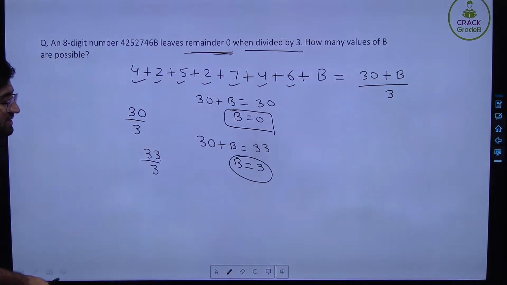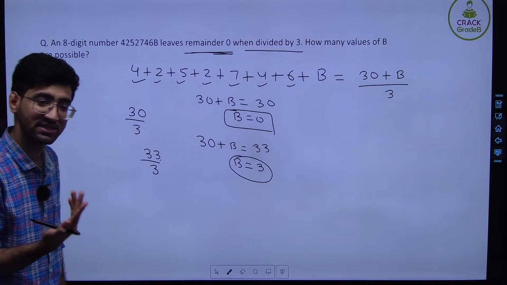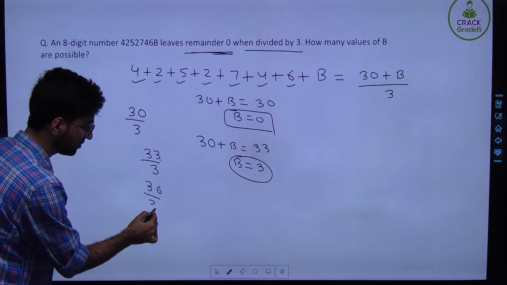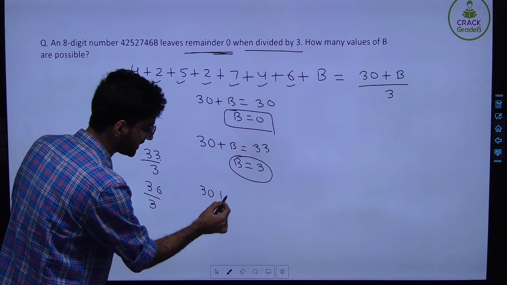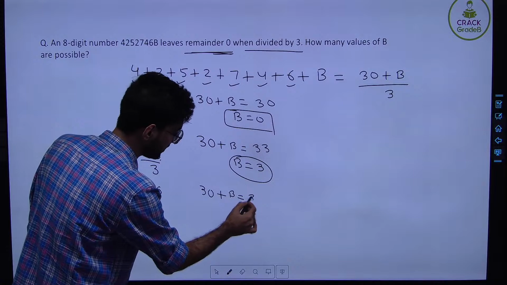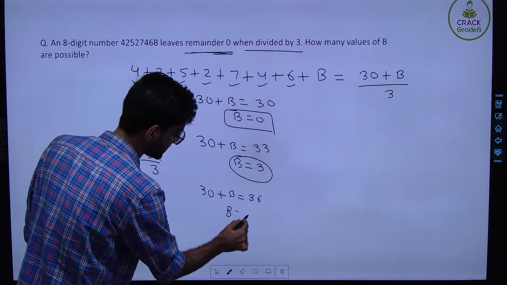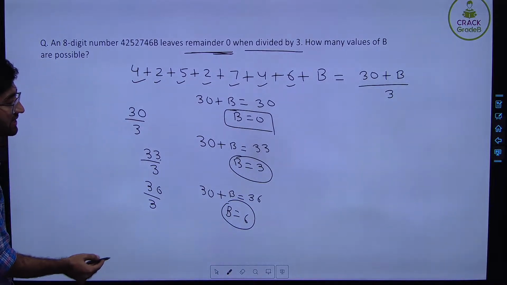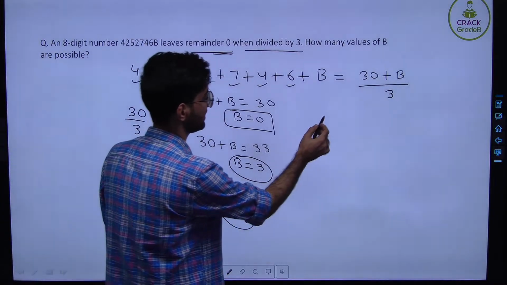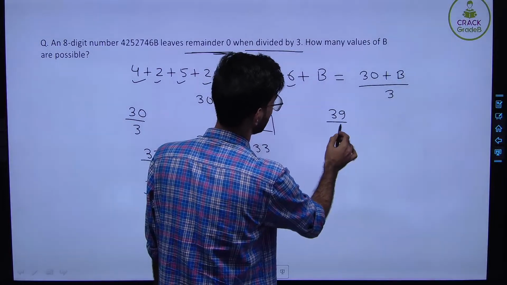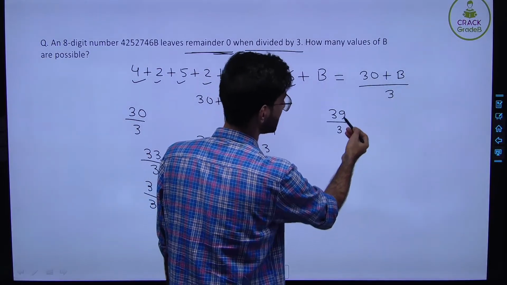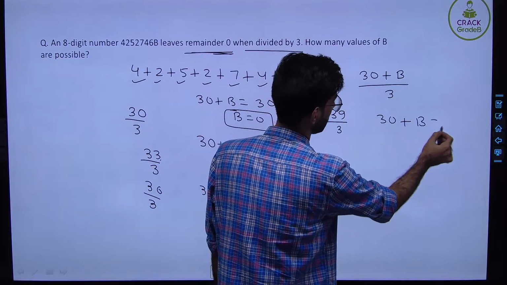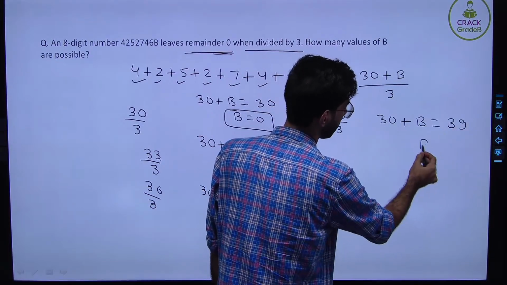Now after 33, what is the next number that is divisible by 3? 36, right? So 30 plus b will be equal to 36, so b is equal to 6. After 36, the next number is 39, which is divisible by 3. So 30 plus b equal to 39, so b equal to 9.